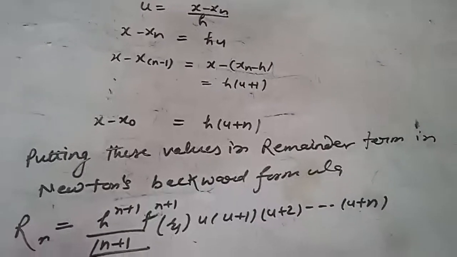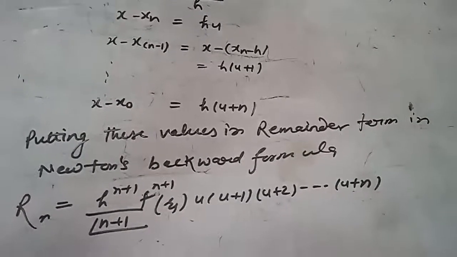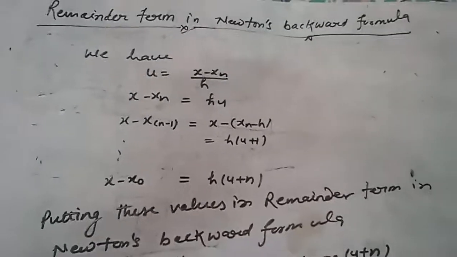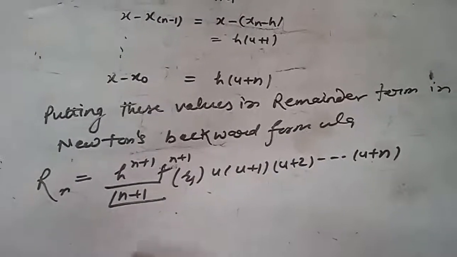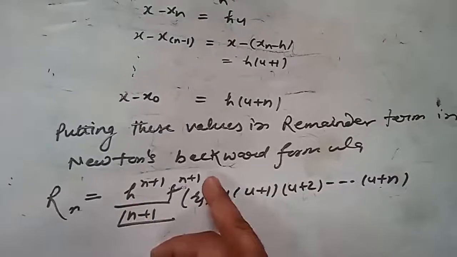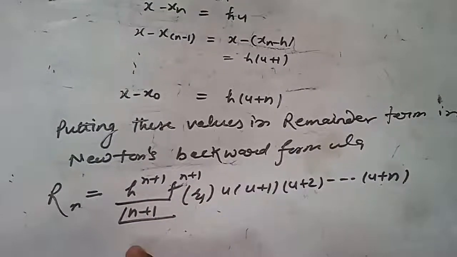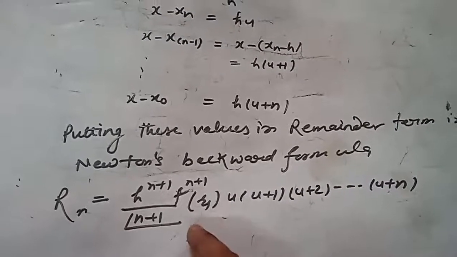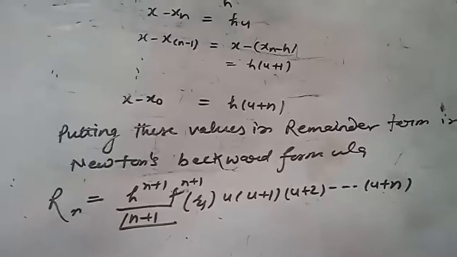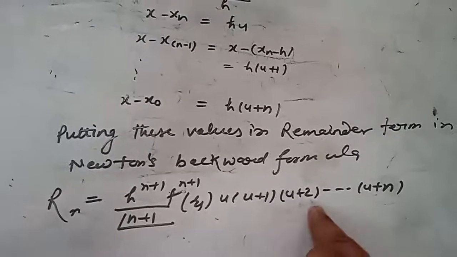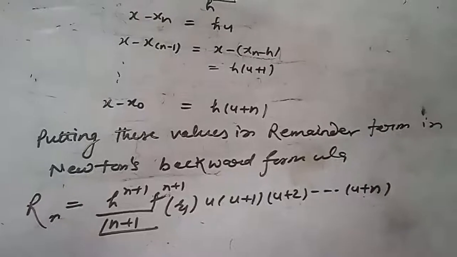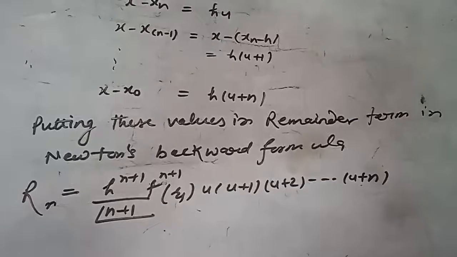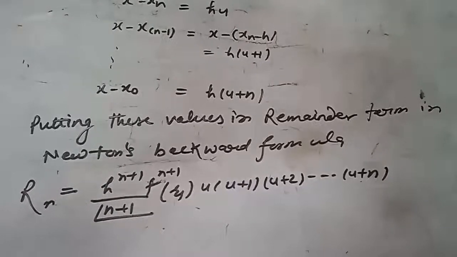So these values will be put in the remainder term as obtained in Lagrange's formula by making the substitution like Newton's backward formula. We get the remainder term here: h to the power n+1, f to the power n+1 (xi) upon factorial n+1, where xi lies between x0 and xn, times u(u+1)(u+2)...(u+n). This is the remainder term in Newton's backward formula.